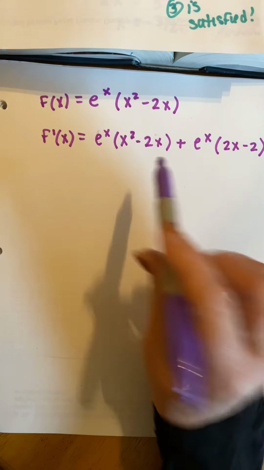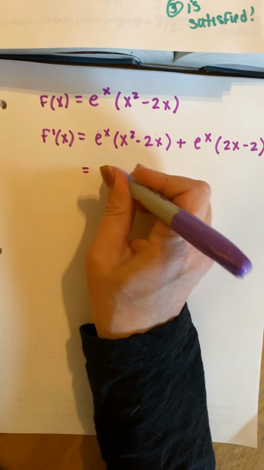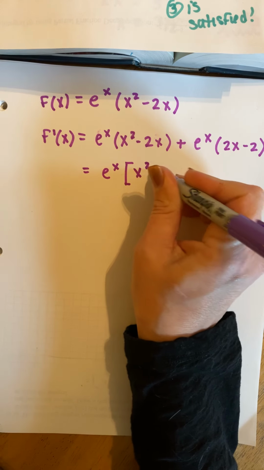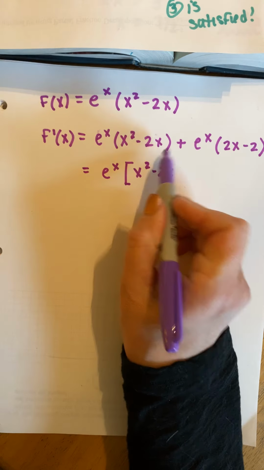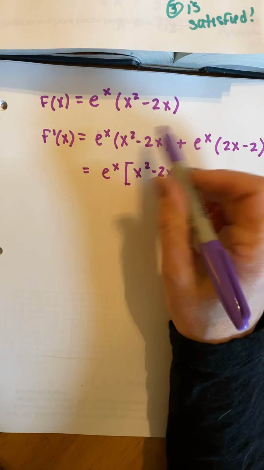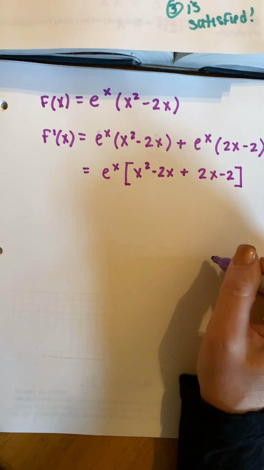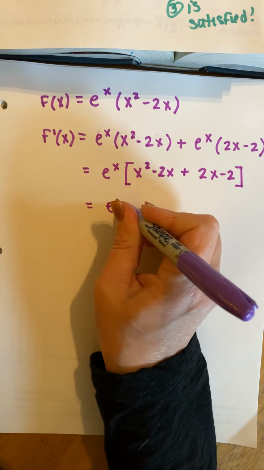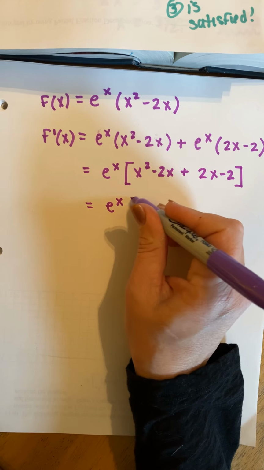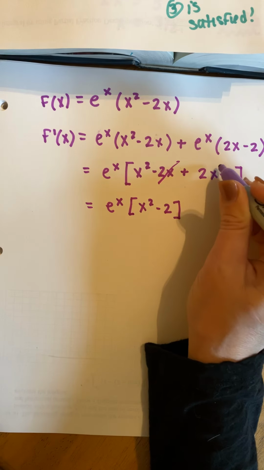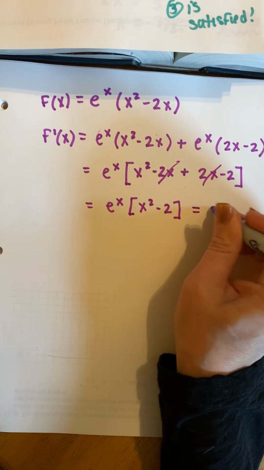I'm going to factor out the e to the x. If I factor e to the x out of here, we're left with the x squared minus 2x from this piece. Plus, and I took the e to the x, brought that out front, we're at 2x minus 2. So we're going to clean that up a little bit. We get e to the x times x squared minus 2 because these two guys cancel out. And we're going to set that equal to 0.